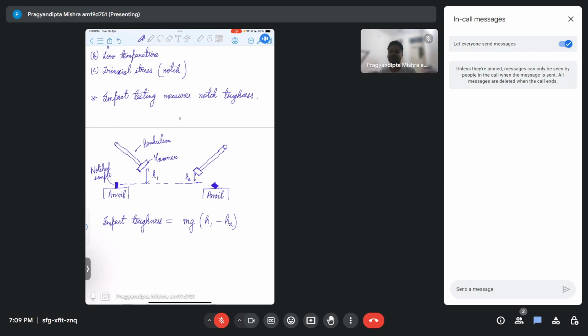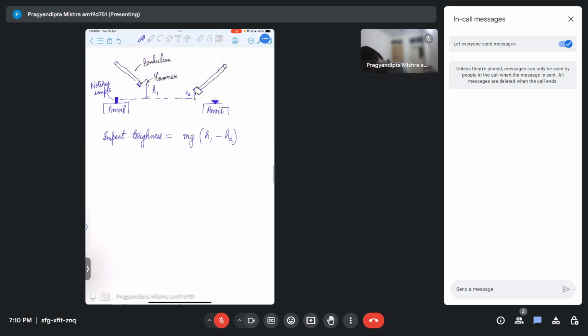So let me just redraw this. Again, let me draw the impact energy versus temperature.